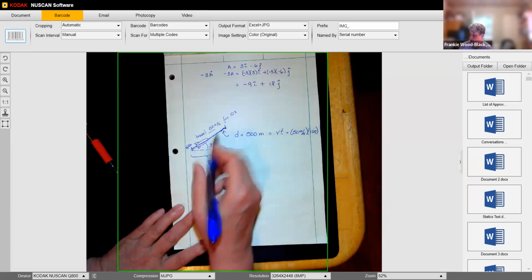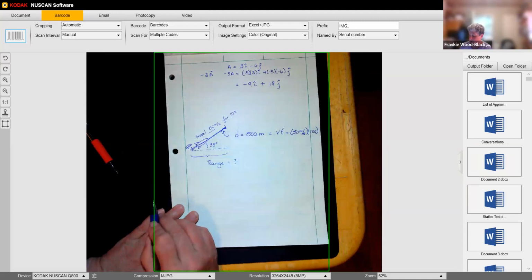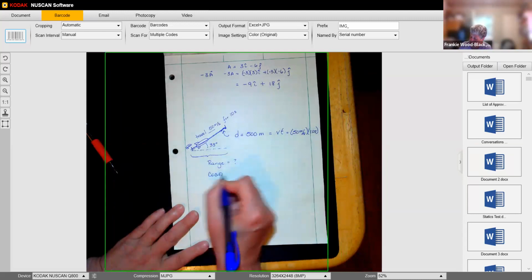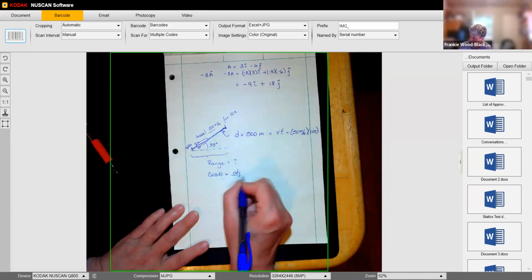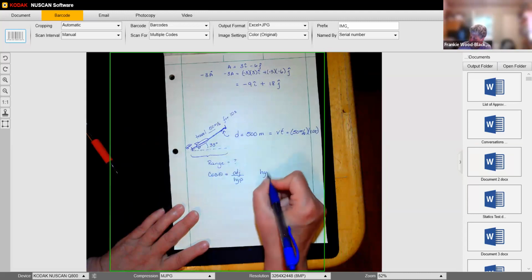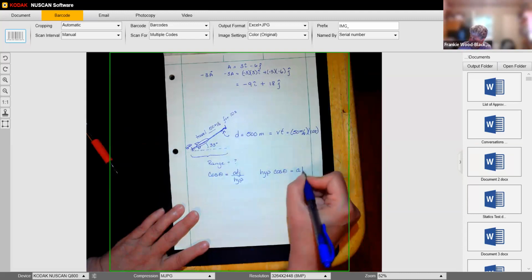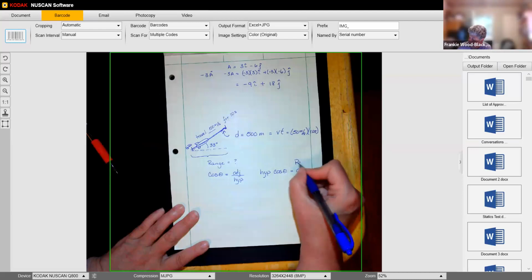But we're now at that 33 degrees, and we want to know that range. Well, we know that the cosine of the angle is going to equal the adjacent side divided by the hypotenuse. So the hypotenuse times the cosine of the angle is going to give us our adjacent side, which in this case is the range.